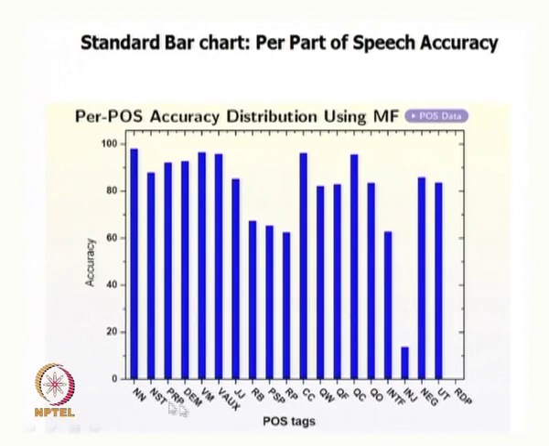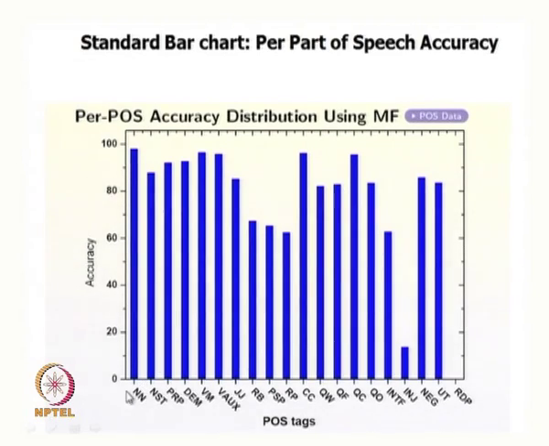So, these part of speech tags have been decided by a body of Indian natural language processing researchers, and the y axis shows the accuracy on each of these part of speech tags. How is the accuracy computed? We will discuss this either in this class or in the next. For the moment, let us assume that by accuracy we understand how correct the part of speech tag is. Of course, there is a very precise way of computing the accuracy, which we will discuss a little later.